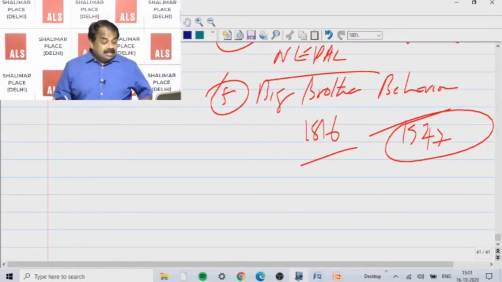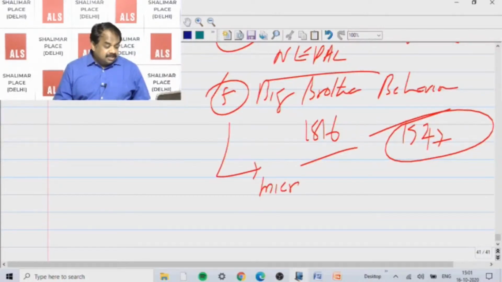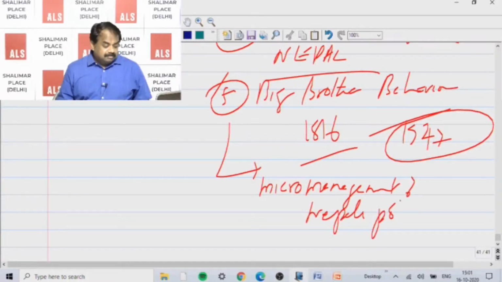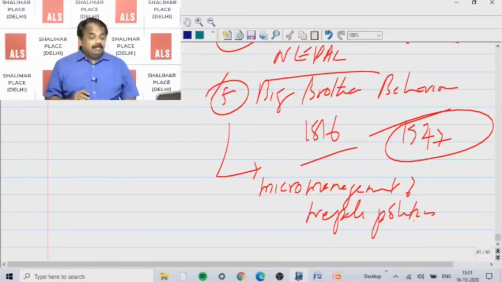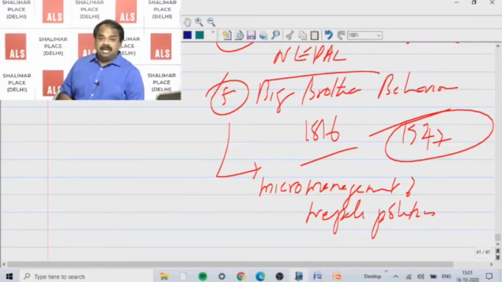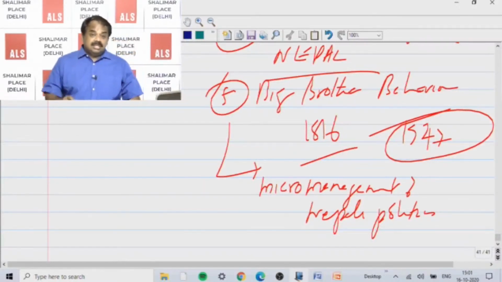And then the big brother behavior, and also Nepal is very upset about the micromanagement of Nepali politics. We always interfere in Nepali politics. Right now, when there is about to be a split in the Nepal Communist Party, the Chinese were doing the same thing that India used to do earlier.